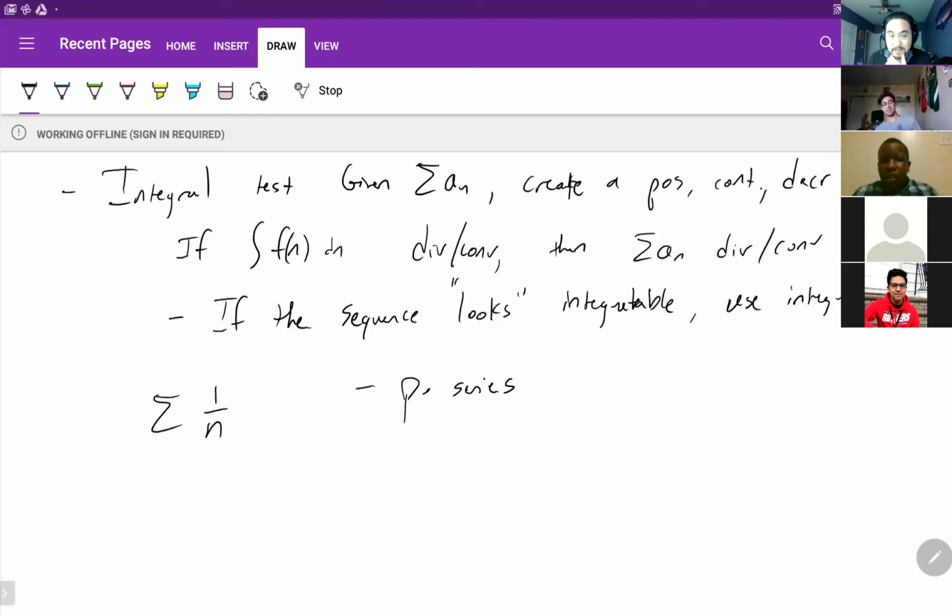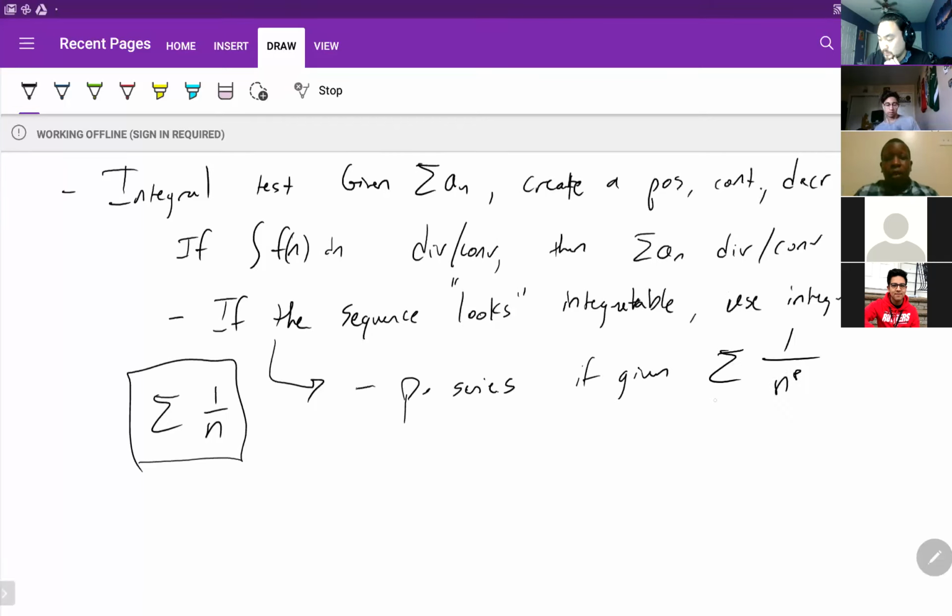Diverge. Oh, wow. P-series. Out of the integral test, the P-series was born. So they did the integral test and noticed that whenever series resemble that, it doesn't have to be exactly one, but if it resembles this, you don't have to do the integral test every time anymore.